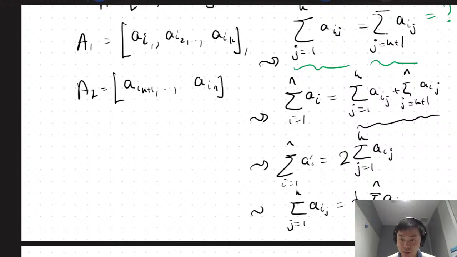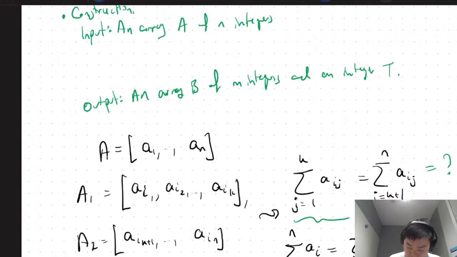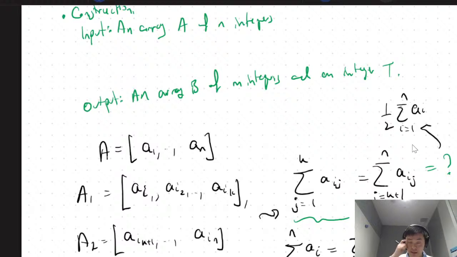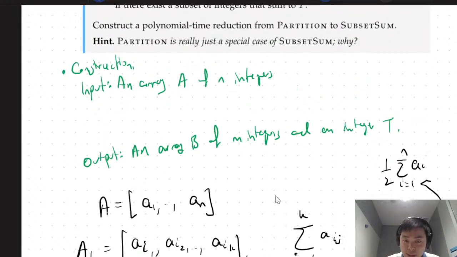Okay, so what I know is now this number here is a half times the entire sum. So what I can do is I can just keep the same array, because if I know that a partition exists, then I know that both of them have to sum to the running sum of the elements of A divided by 2.